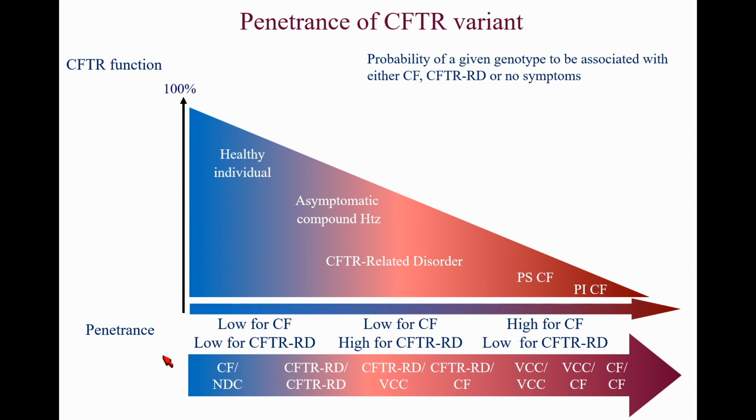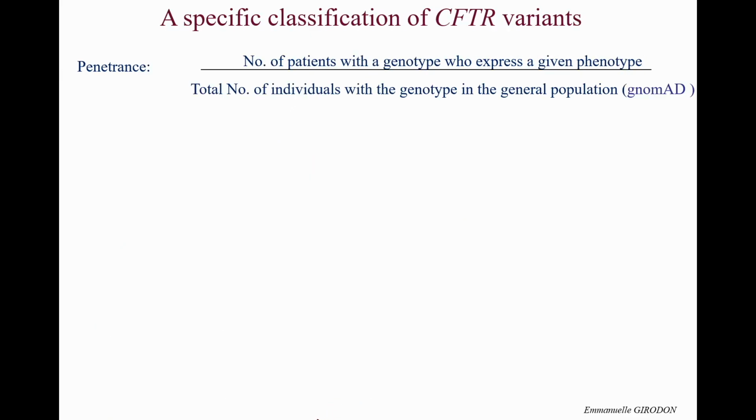But some CFTRD variants may also have a low penetrance for CFTRD and are mainly found in asymptomatic subjects.